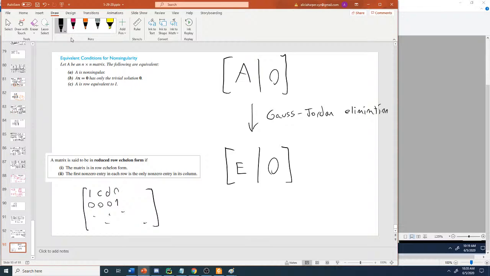Above this 1, you have to have 0, and below this 1, you also have to have a 0. And so this is what it means for something to be in reduced row echelon form. Now, the thing is, if there's ever a gap between the 1 in a given row and the 1 in the next row that's longer than 1 column, you'll notice something that happens.